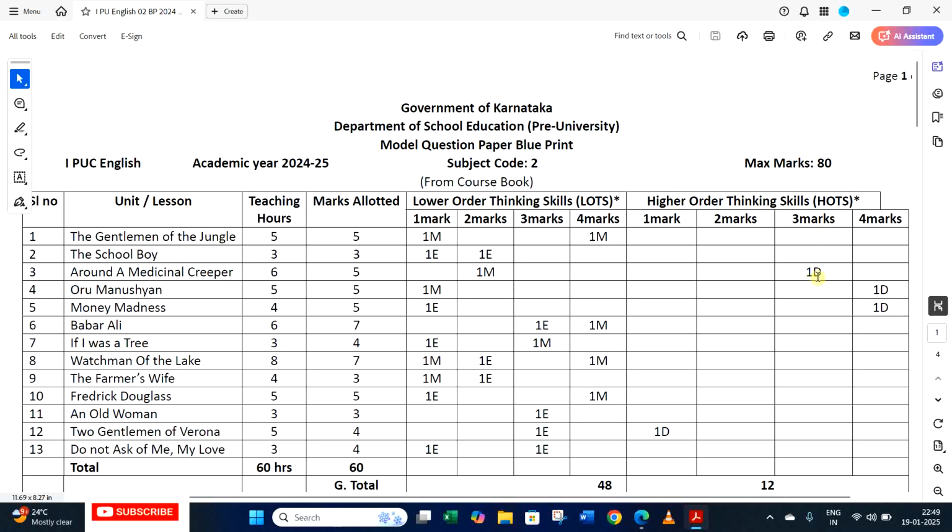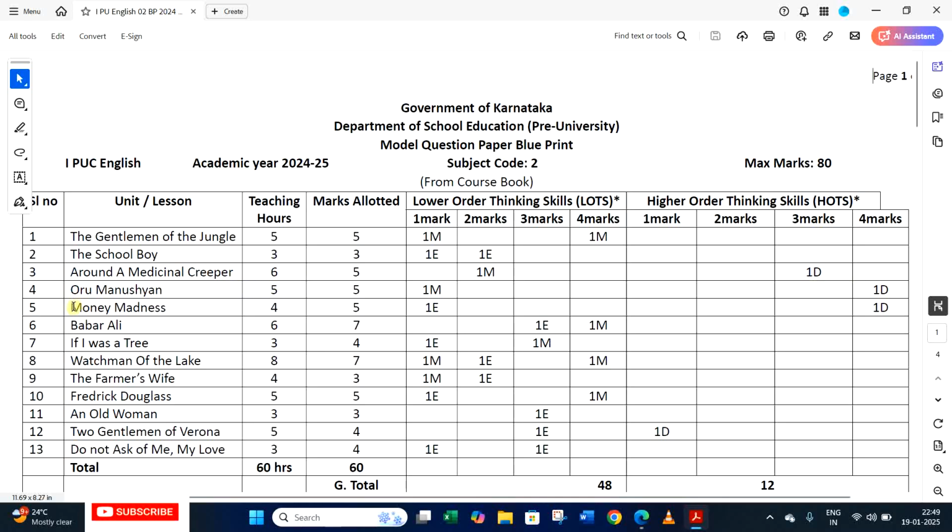Here 1 question of 3 marks is given for this unit. Let's go towards the next unit, that is the fourth unit, Oru Manushan, and marks given for this unit are 5 marks. So 1 mark question 1 in lower order and then 4 mark 1 question in higher order thinking skills, to sum total 5 marks.